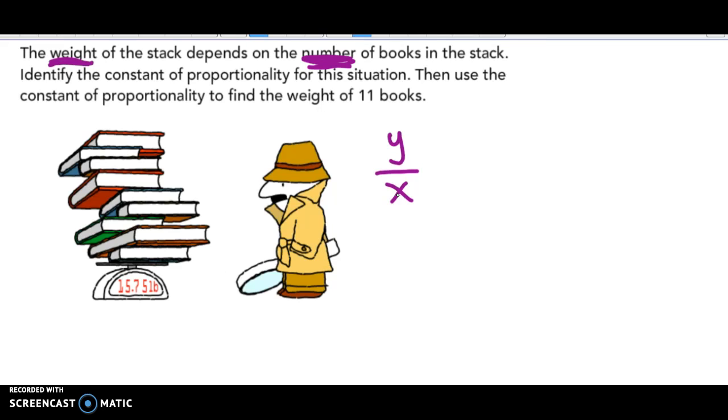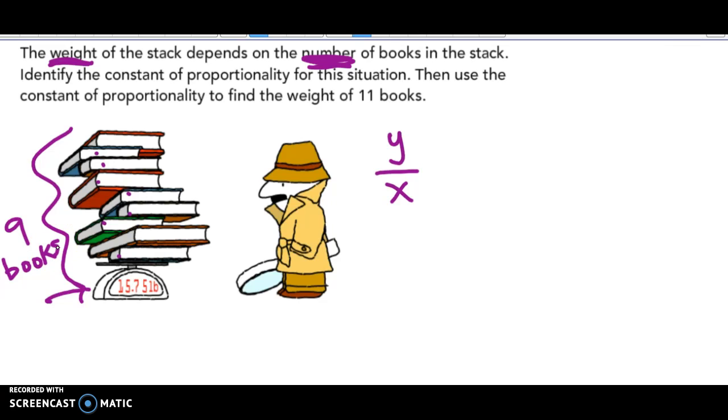We can then use the constant of proportionality to find the weight of 11 books. So let's look at the two things I know. I know the weight. The stack of books weighs 15.75 pounds. I also know the number of books by counting them. I see 1, 2, 3, 4, 5, 6, 7, 8, 9 books in this stack.